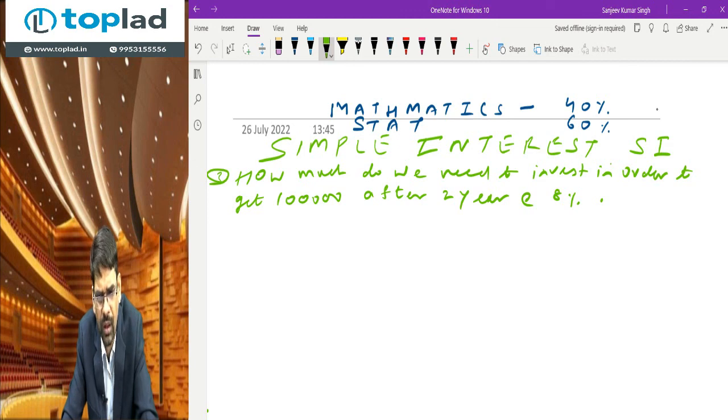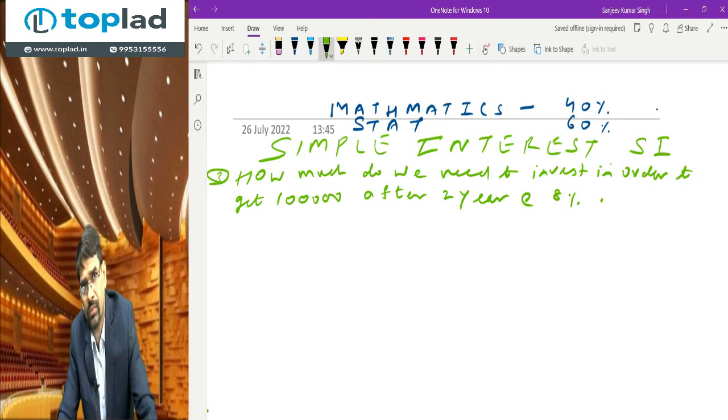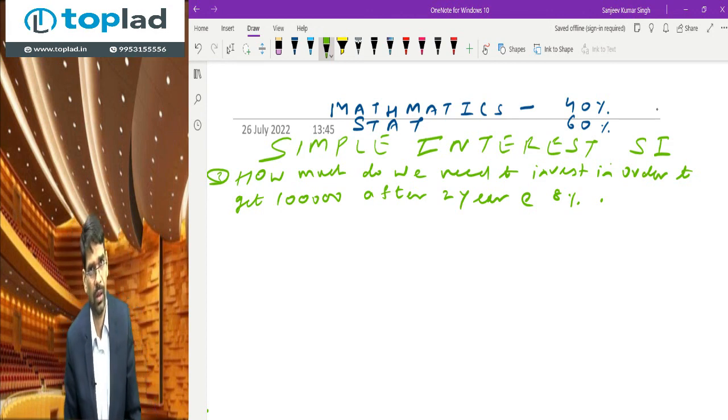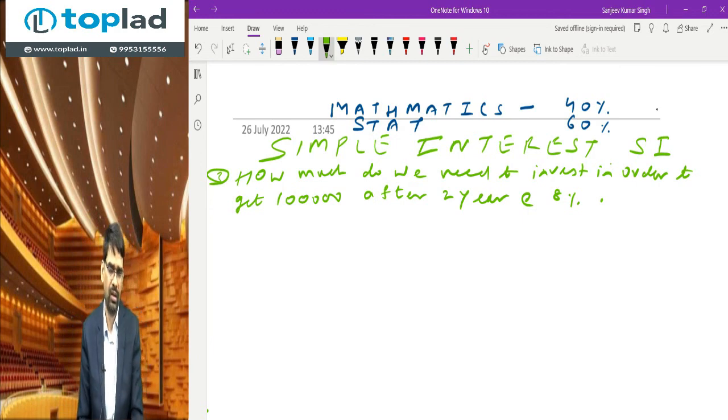Students, numbers are different, but concepts are same. Don't chase the number. You have to chase the concept. If you really understand the concept, you can do a thousand questions, whether 10 questions, whether 20 questions, for the same concept.